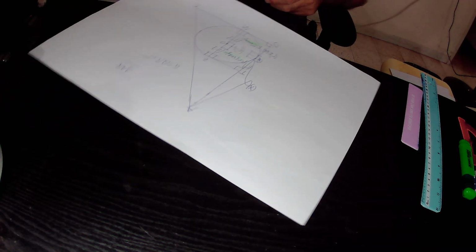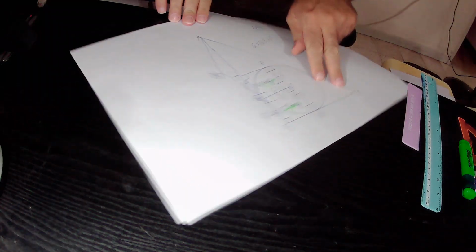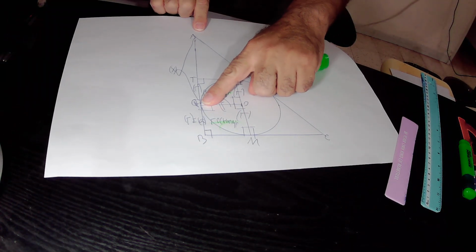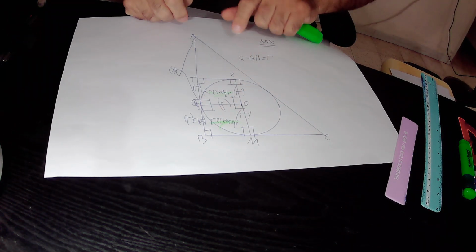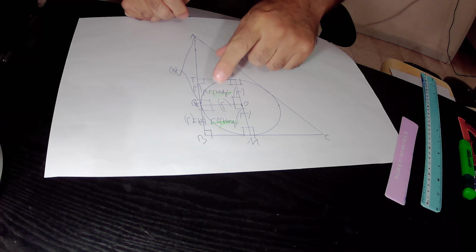What about line AQ? AQ from one side equals X, but AQ also equals AT plus TQ.